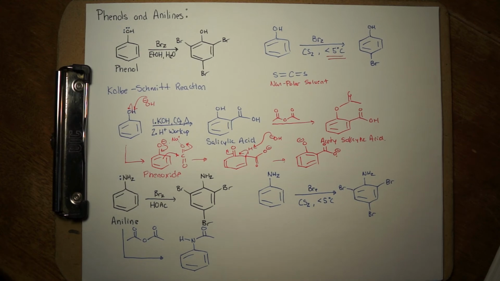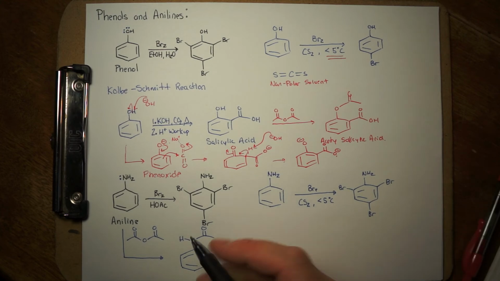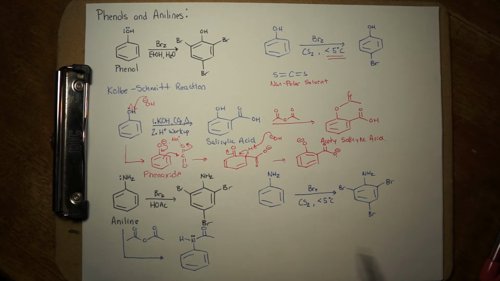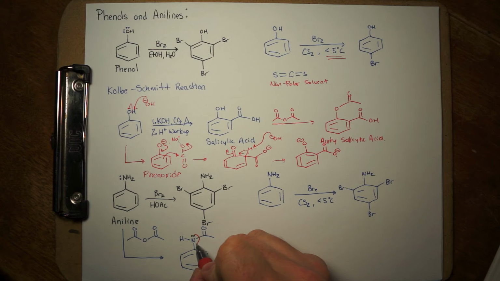Well, what is this doing? Well, this is taking those lone pairs of electrons, right, which are still, different color here, still donating into the ring, right? So this is still an activating group, and it's still an ortho-para director because there's an atom with a lone pair of electrons sitting right outside of the ring, right?